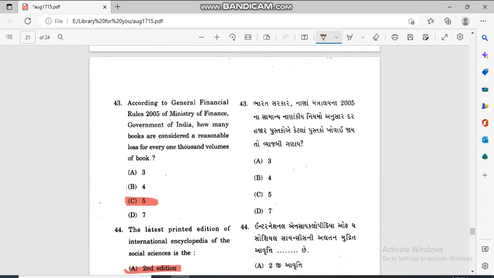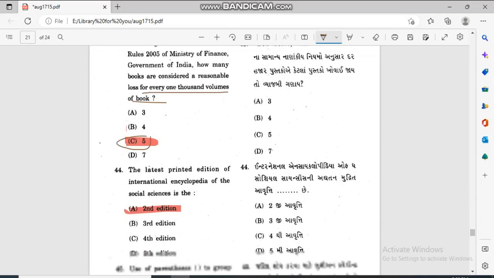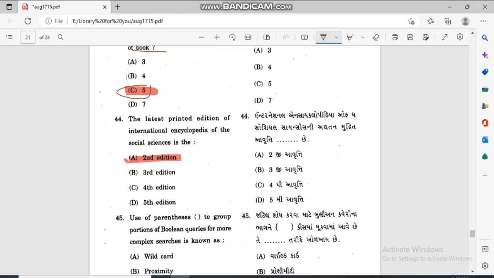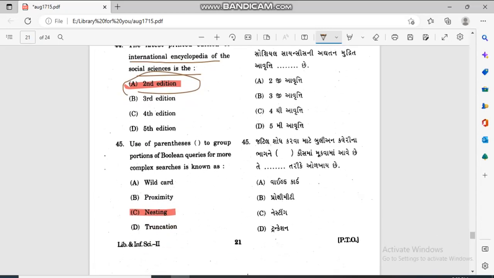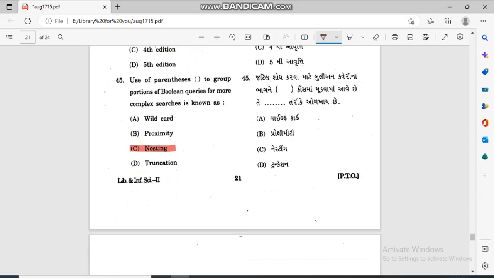According to the General Financial Rules 2005 of Ministry of Finance, Government of India, how many books are considered a reasonable loss for every 1000 volumes of books? 5 books per year. The latest printed edition of International Encyclopedia of the Social Sciences is the second edition. Use of parentheses to group portions of Boolean queries for more complex searches is known as nesting.